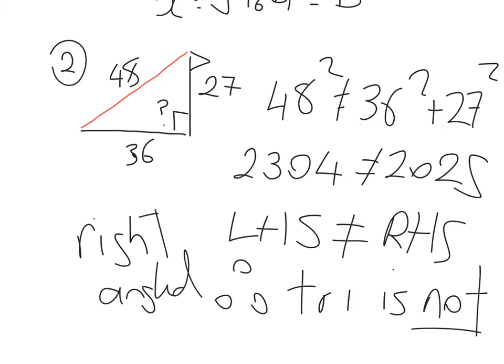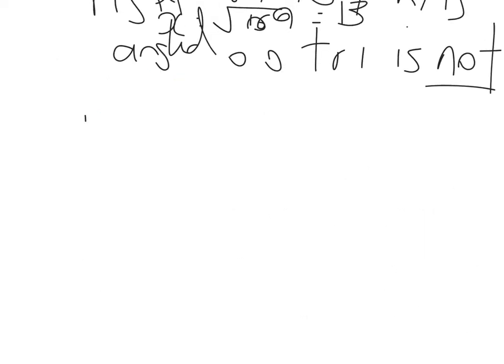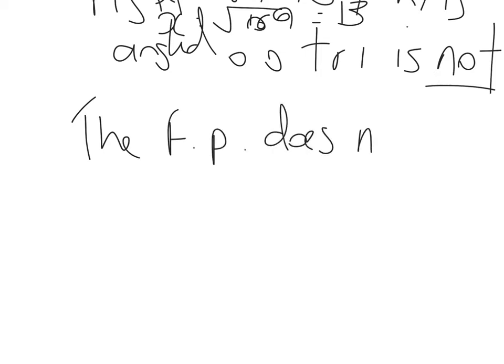And again, if the context of the question was, say, for example, the flagpole, we would say something along the lines of the flagpole does not stand up vertically.